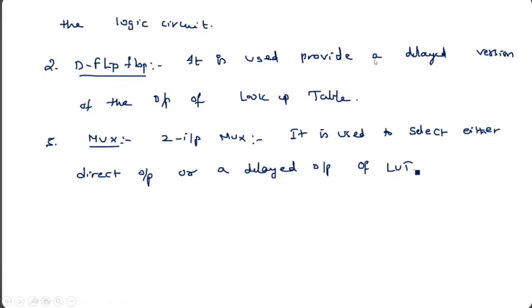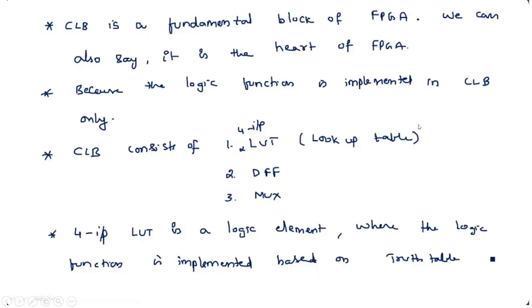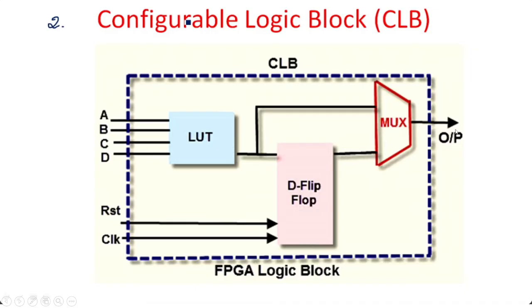D flip flop is used to provide the delayed version of output. As I told you, you are getting the output through the lookup table or through the delayed version of D flip flop. D flip flop is a delay flip flop, or a sequential buffer. Whatever input you are giving, you are getting the output with some delay. That's why we call it a delay flip flop.